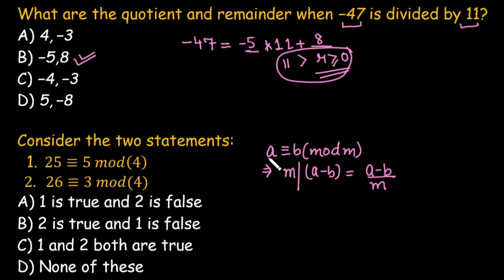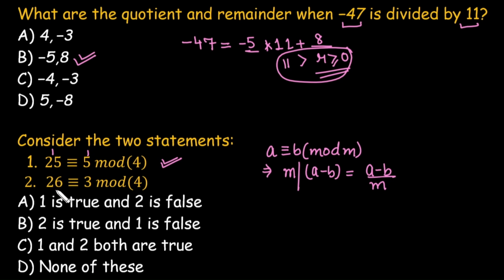Second, we can find the remainders. In case both sides the remainder is the same, it means they are congruent with respect to the given mod. Like in this case, 25 when divided by 4, the remainder is 1. On this side, 5 when divided by 4, the remainder is 1. Both sides the remainder is the same, so the first statement is correct.